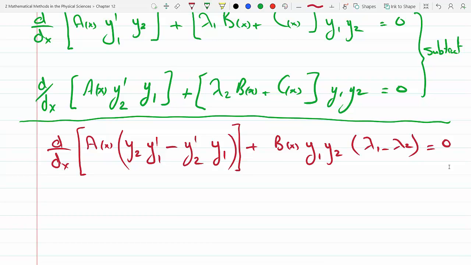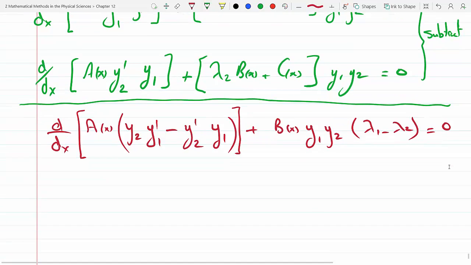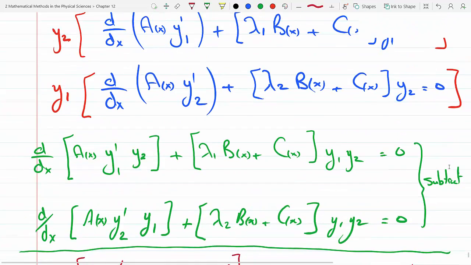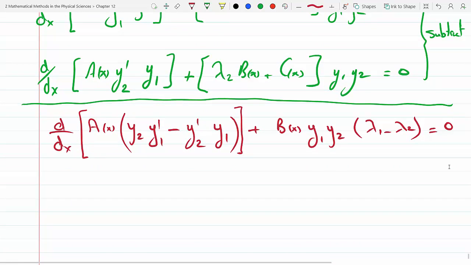Now I'm going to integrate from a to b, since I'm trying to prove that this is orthogonal from a to b.